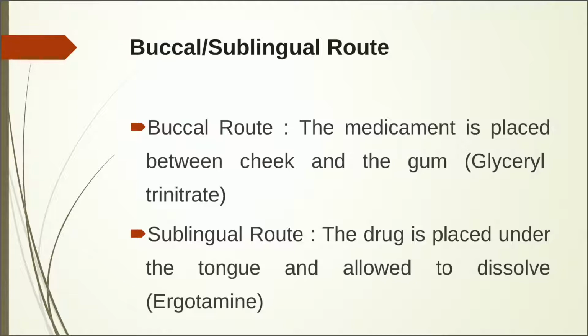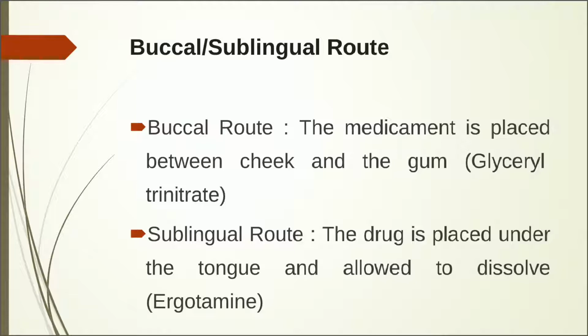So glyceryl trinitrate is predominantly administered via the buccal route. The sublingual route is slightly different from the buccal route. Here the drug is placed under the tongue and allowed to dissolve. An example of a drug administered by the sublingual route is Ergotamine.